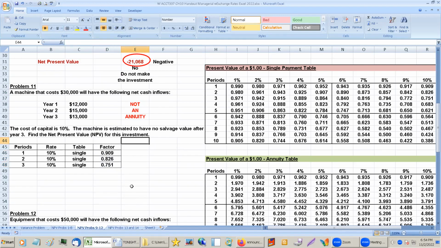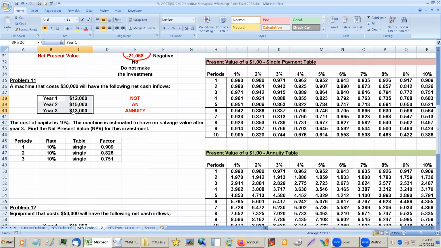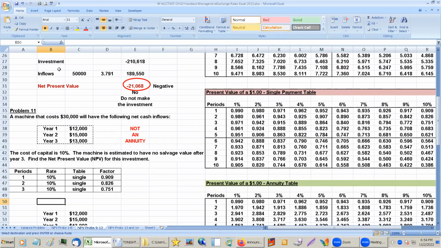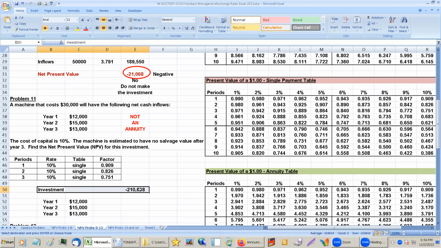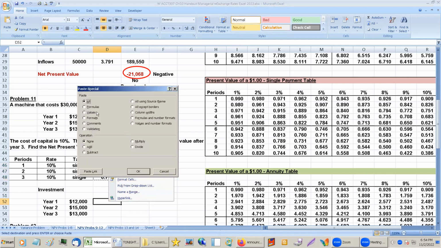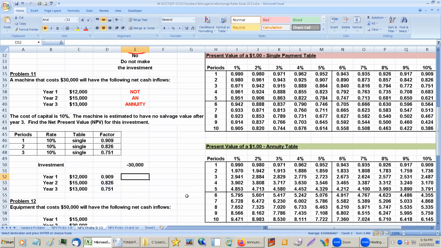All right. Well, I'm going to be lazy and copy this down here. So my investment is negative 30,000. We're going to get these inflows.